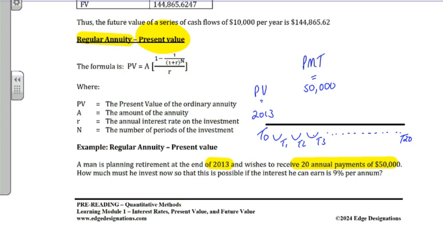So he wants to make a payment today, that's his present value, so that he can receive $50,000 every year. What's the future value? In this example, future value is equal to 0 or not applicable. It's not important to my calculations. Is everybody happy with that?